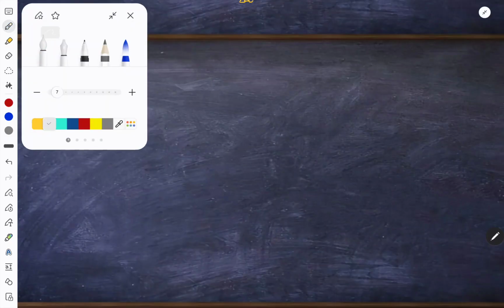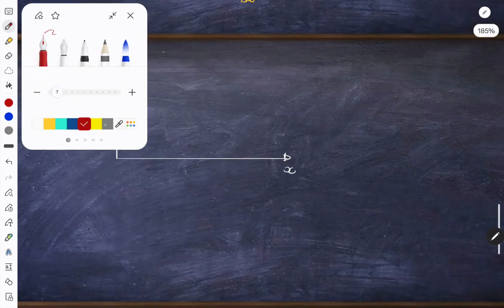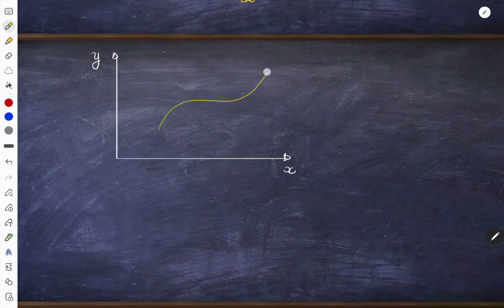If we have some function x versus y graph, then at a particular point, if you want to find the slope, you can draw a tangent.